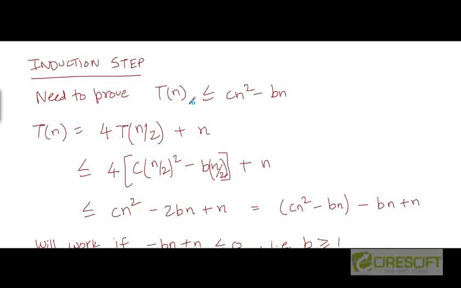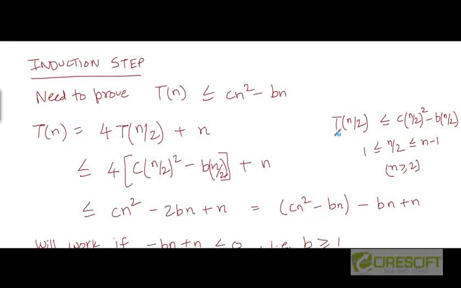Let's start with the left hand side. T of n by definition is 4 times t of n by 2 plus n. Now we can apply the induction hypothesis to say that t of n by 2 must be less than or equal to c times n by 2 squared minus b times n by 2, assuming that n by 2 lies in this interval from 1 to n minus 1, which it will if n is greater than or equal to 2.